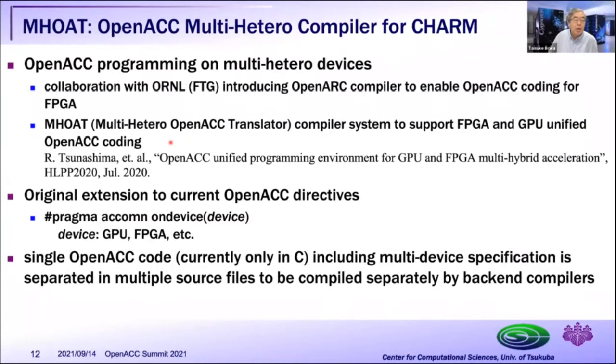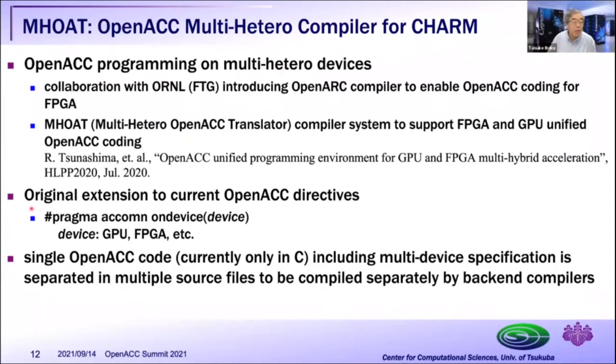So it is a translator that breaks a single OpenACC code into multiple parts, one ready to run on the GPU and one ready to run on the FPGA. So this part is translated to two separate OpenACC programs by MHOAT.